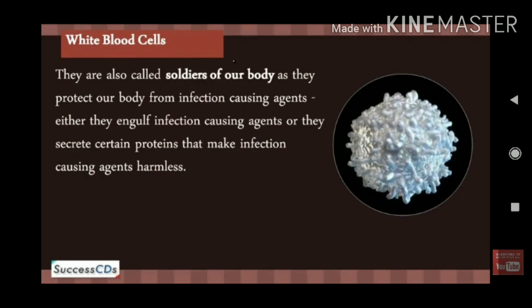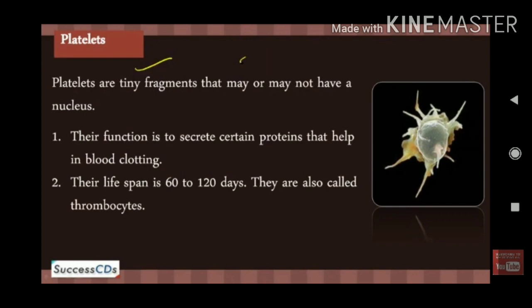So far we have discussed the blood cells. Next, the last one is platelets. Blood platelets play an important role in blood clotting. So this is also important for our body.